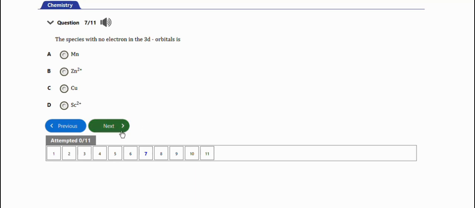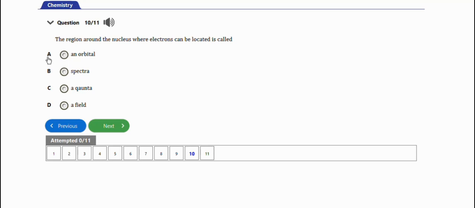Okay, so the next question will be this one. It says how many orbitals are in the d sub shell? I think I've talked about this already. The right answer would be option C, 5. So there are 5 orbitals in the d sub shell. Next question will be this one. It says the region around the nucleus where electrons can be located is called orbital.